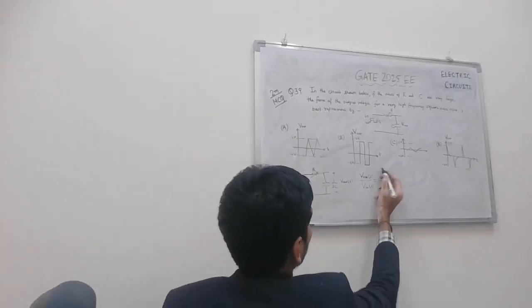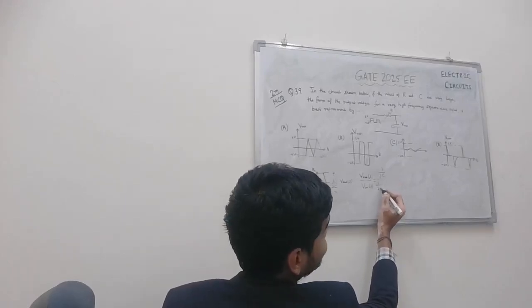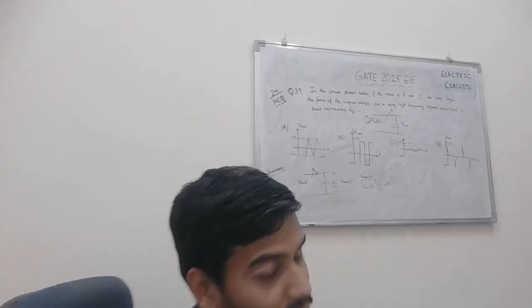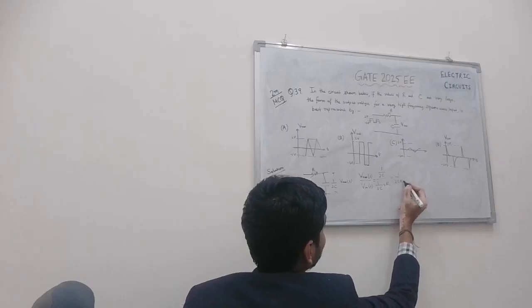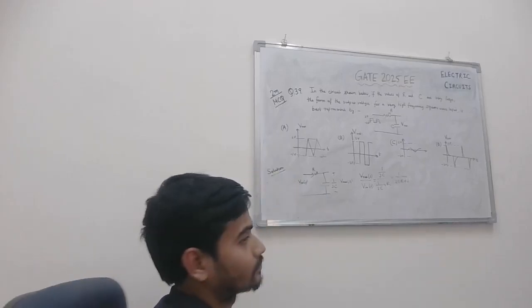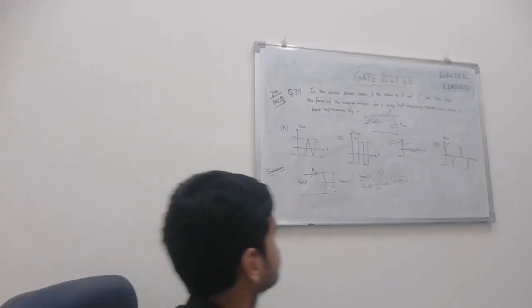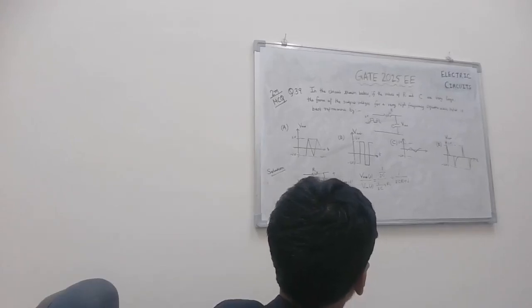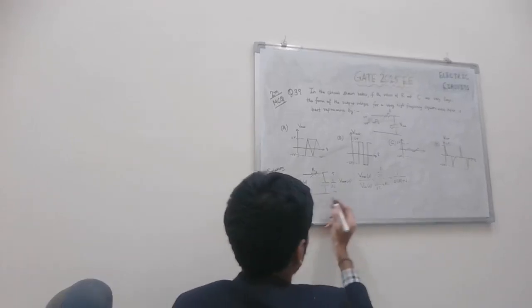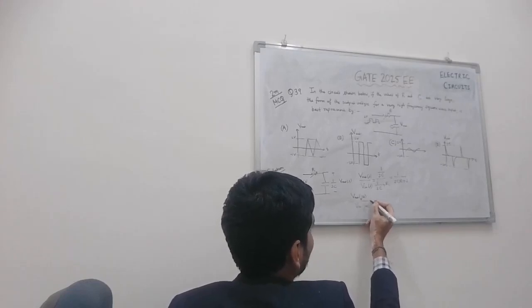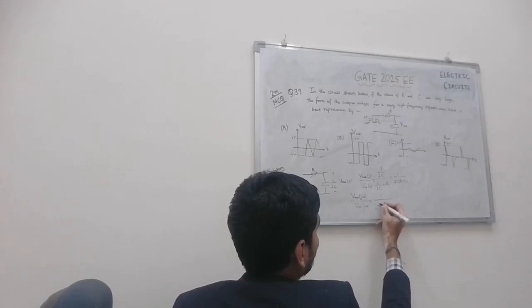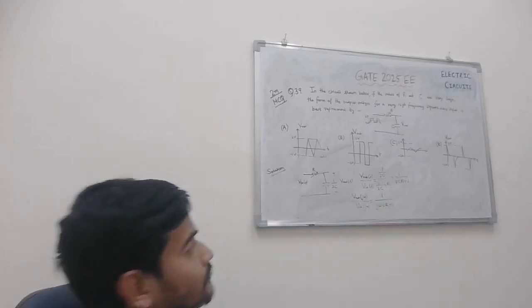Let's solve: 1 by sC divided by 1 by sC plus R. If we simplify, we get 1 by (1 plus sRC). Now, in the frequency domain, it will be with s equal to j omega, so you will get 1 by (1 plus j omega RC).